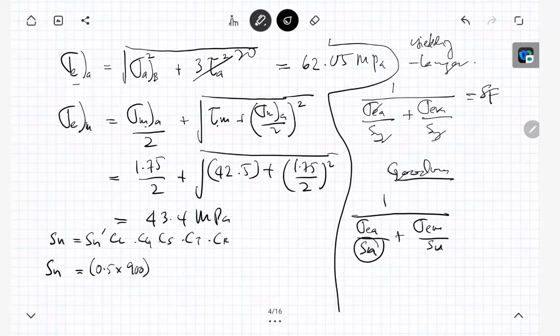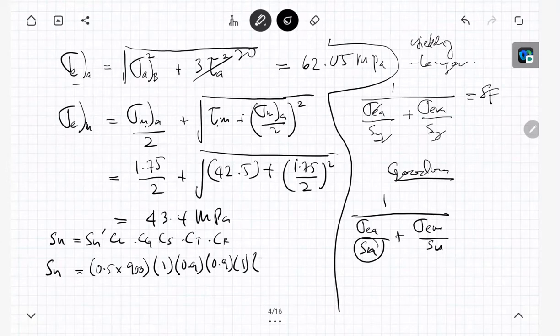So you could check later. I have looked already the value of load factor, size factor, surface factor, temperature factors. So load factor 1, size factor 0.9, surface factor approximate 0.9, temperature factor, there's no mention of any temperature, just one.